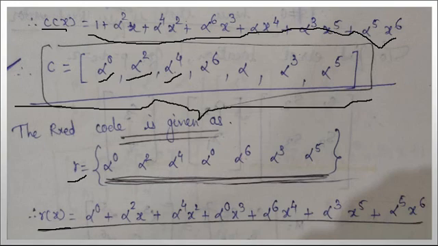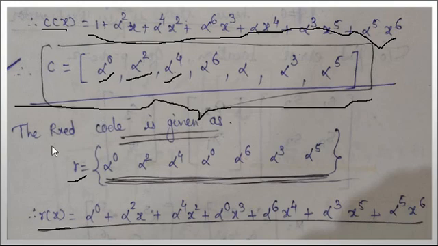But by getting R of x, it is still not sure that you are getting the corrected code word. This problem is actually giving the encoding as well as the decoding combined. That's why it is quite easy to compare the coefficients directly over here.